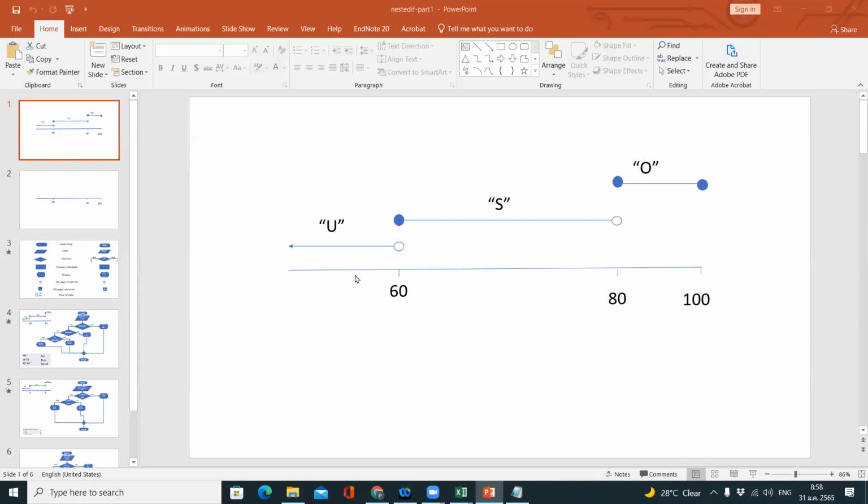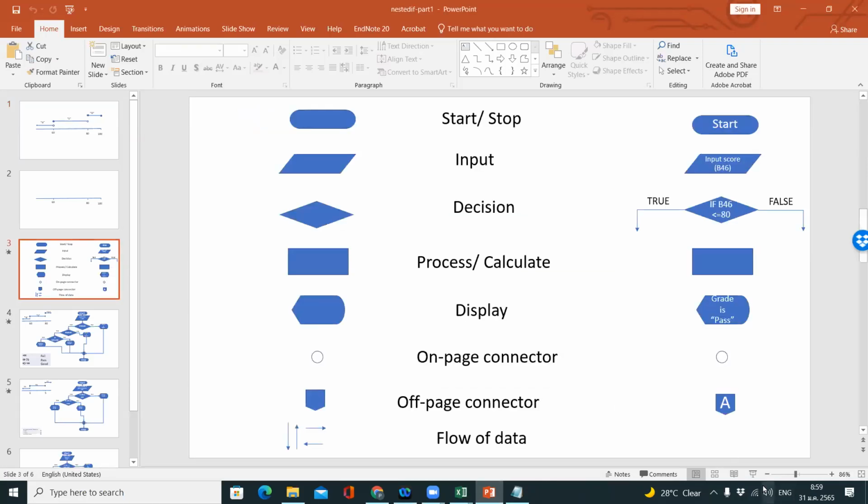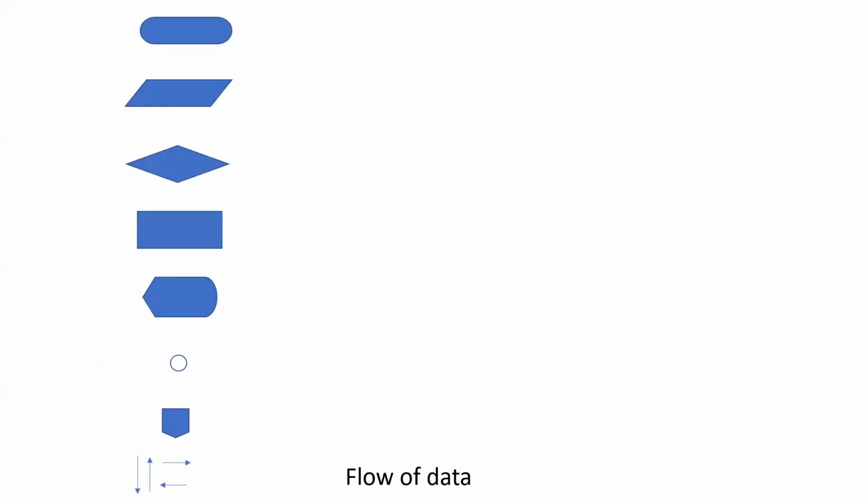This is the number line that we prepared before. We get the range for U grade, S grade, and O grade already. So for the flowchart, let me introduce it to you. A flowchart is the diagram that we use to draw and represent the action or the flow of doing something.